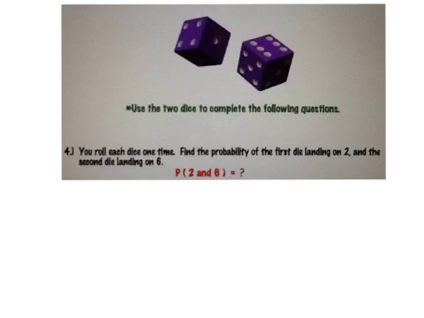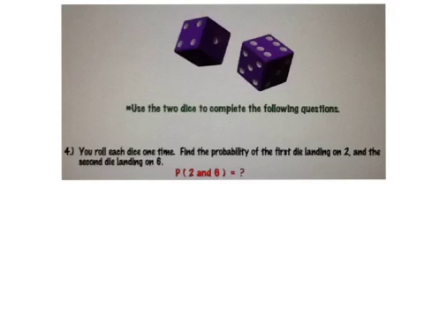And it says I'm going to roll each dice only 1 time. In this problem, I want to find what are my chances of getting the first die to land on a 2 and the second die to land on a 6. So underneath, I've written it a little more easy for you to understand. P stands for probability, and then I want a 2 and a 6.